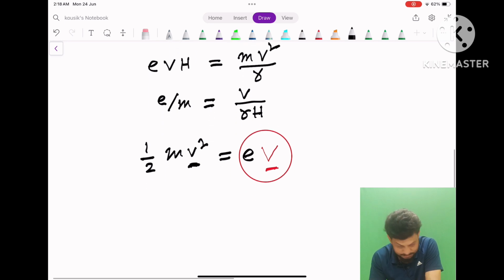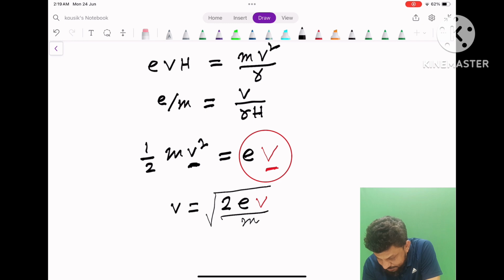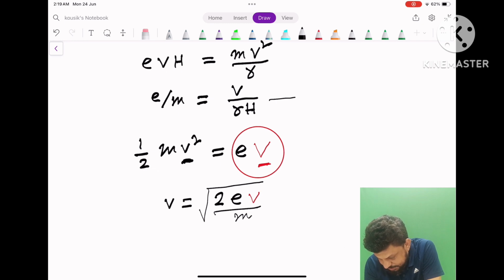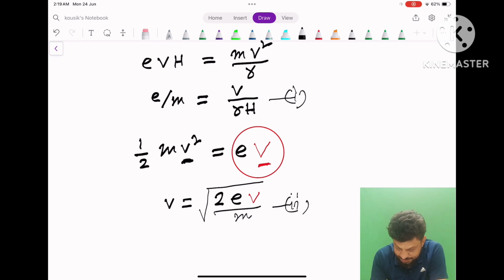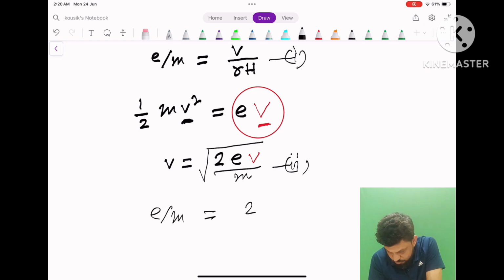Now from this, v equals the square root of 2eV divided by m. If we put the value of v in expression 1, we get E by m equals 2V divided by R square H square.